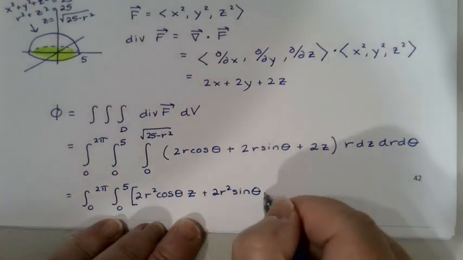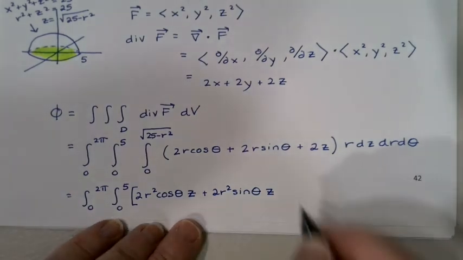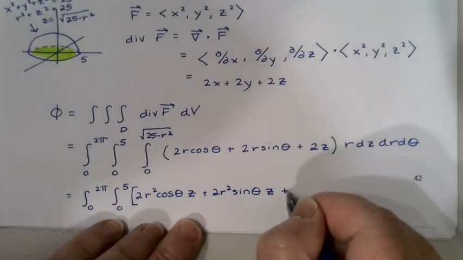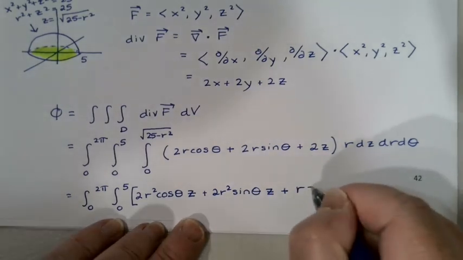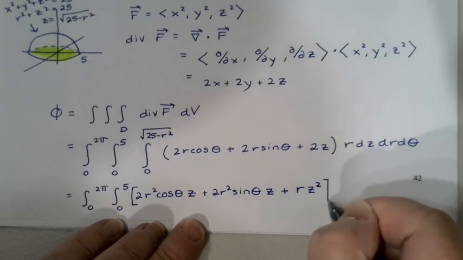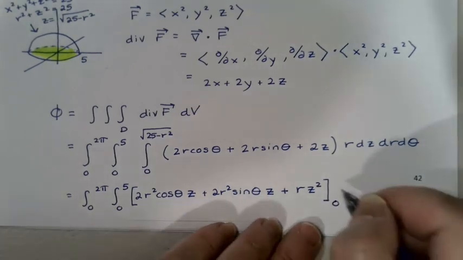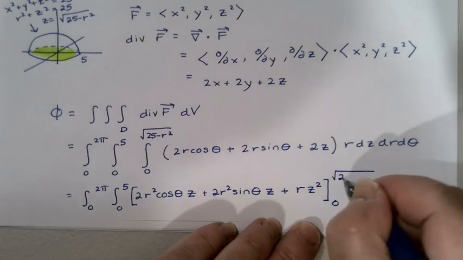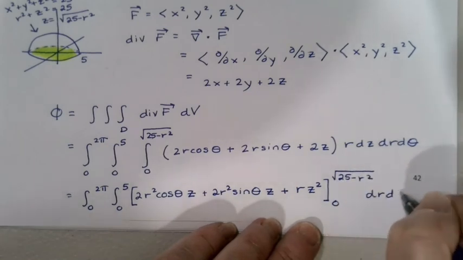And again, when I integrate with respect to z, I'll get a multiplier of z on that, plus integrating with respect to z, that's going to give me a z squared times the r. So rz squared. And z goes from 0 to the square root of 25 minus r squared. And I still have the dr and the d theta.